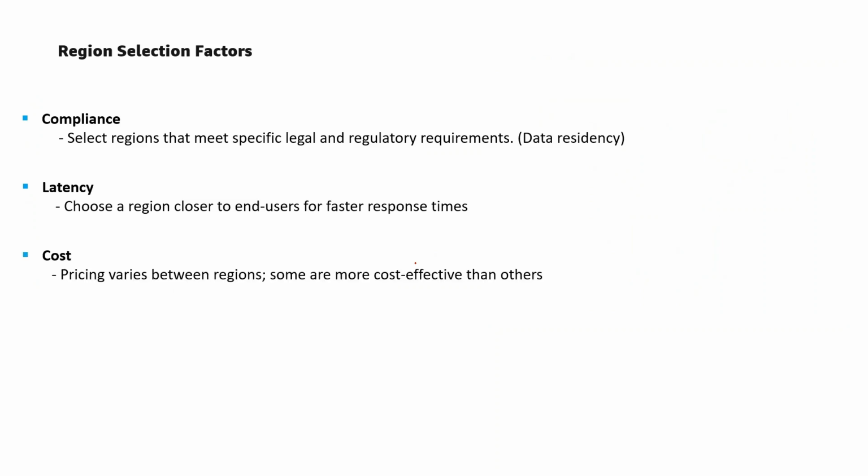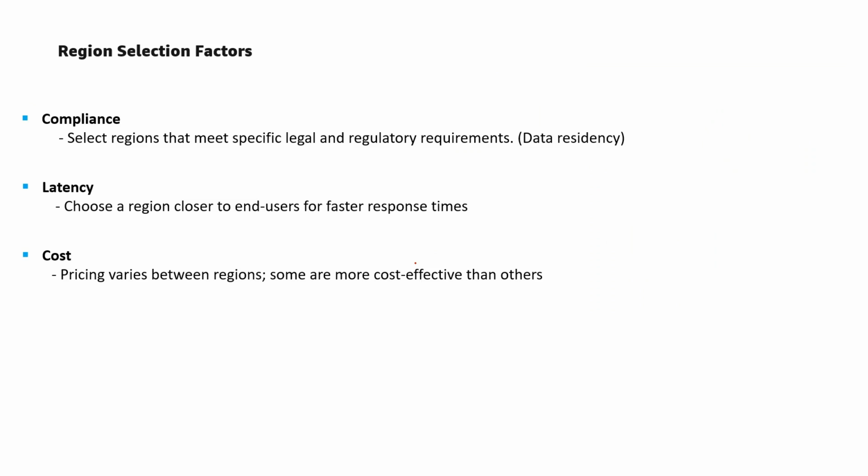The other is cost. For AWS services, cost is not the same. The same service in North Virginia might not be the same price as in London, South Africa, or South America. This is because of several factors.